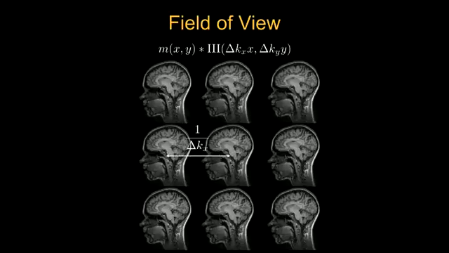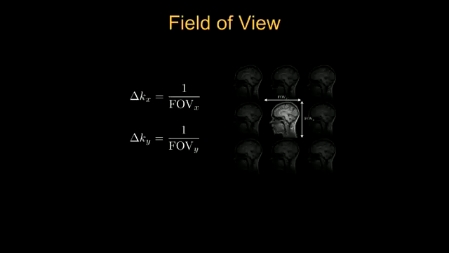The field of view is the distance between this and another replication, and that will be governed by 1 over delta kx. Same thing along the y direction, the distance between this and another replication is governed by 1 over delta ky. So again, delta kx is equal to 1 over field of view x, and delta ky is 1 over field of view y. Okay?